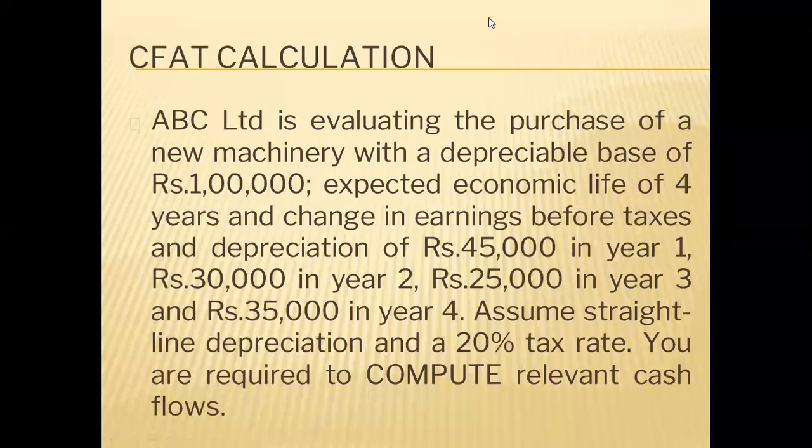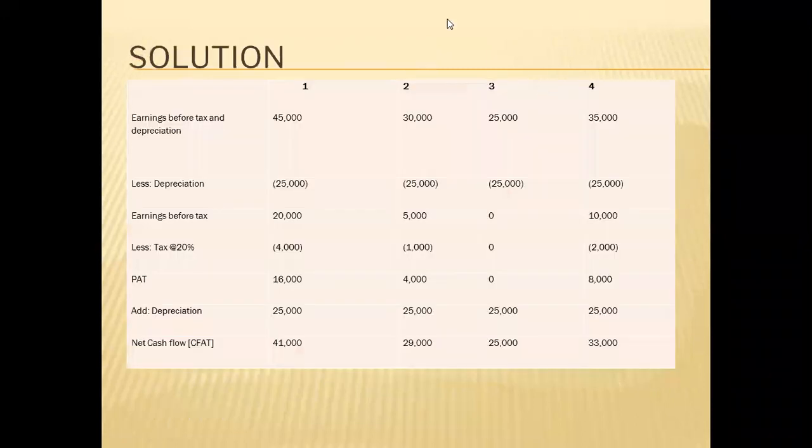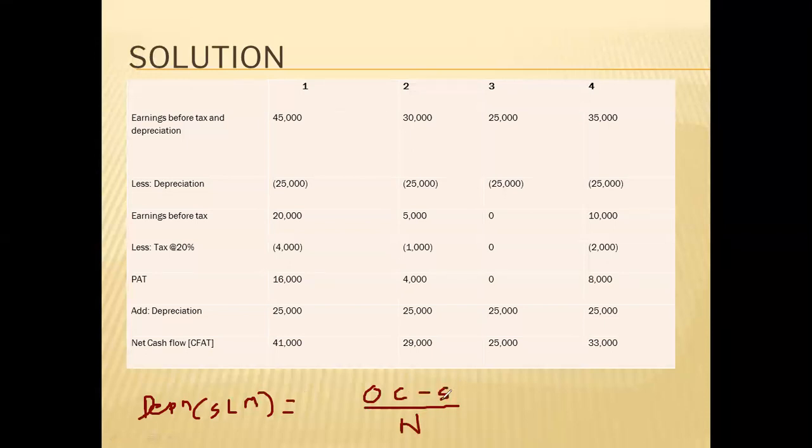Depreciation is by the straight line method. So what is the formula for depreciation in the straight line method? Depreciation as per the SLM method is equal to original cost divided by number of years. Here if scrap value is there, we can reduce that, but in this question scrap value is not there.